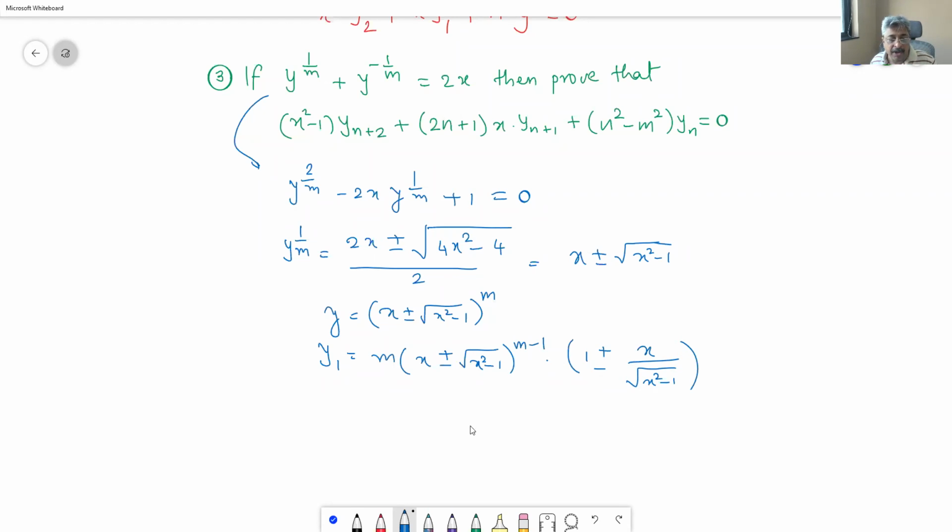Let us simplify, which will be equal to m into x plus or minus radical x square minus 1 raised to m minus 1 into radical x square minus 1 plus minus x upon radical x square minus 1. That is your y1.